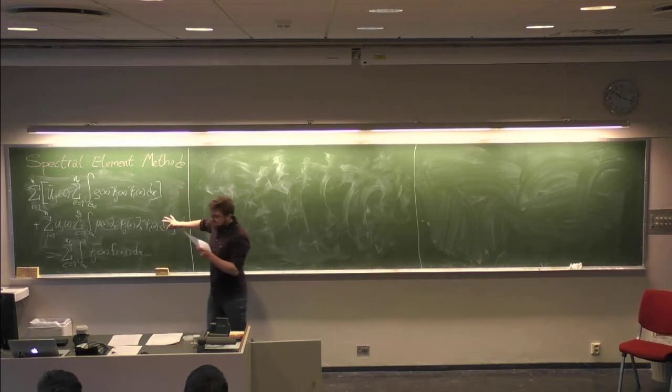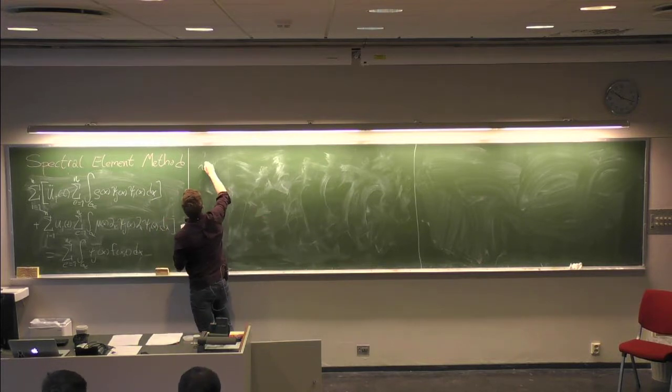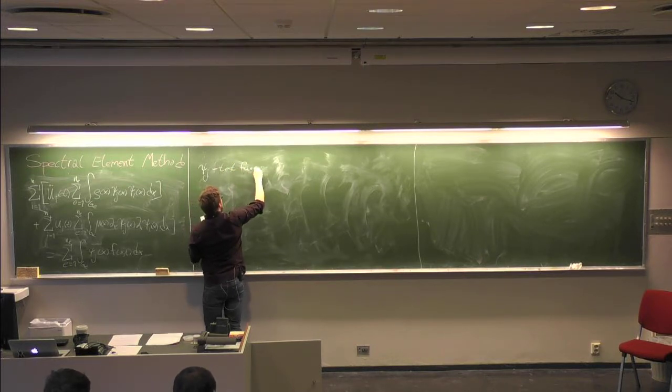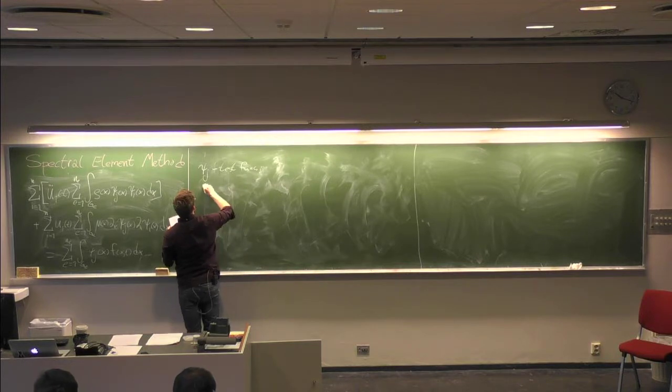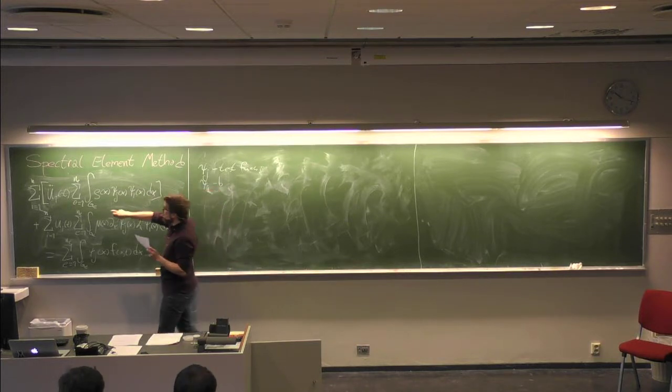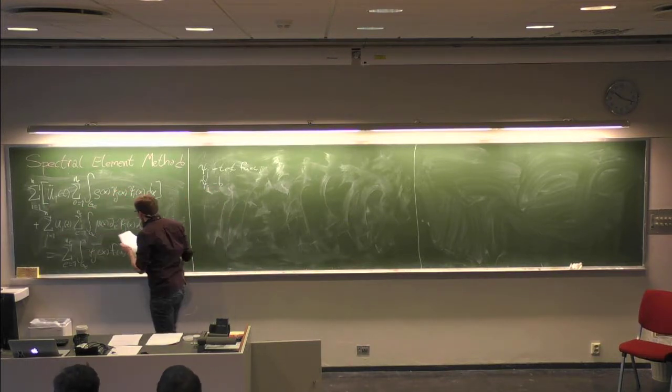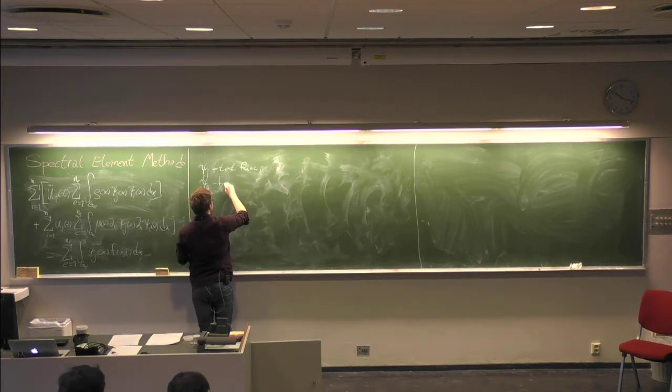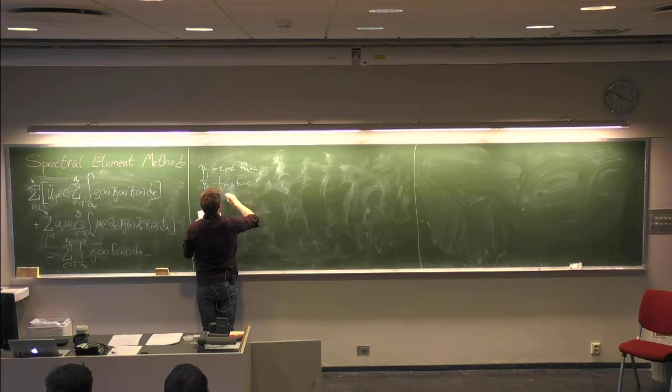In this expression, Cj is the test function, and Ci are the basis functions that we use to approximate this u. They are independent of time.